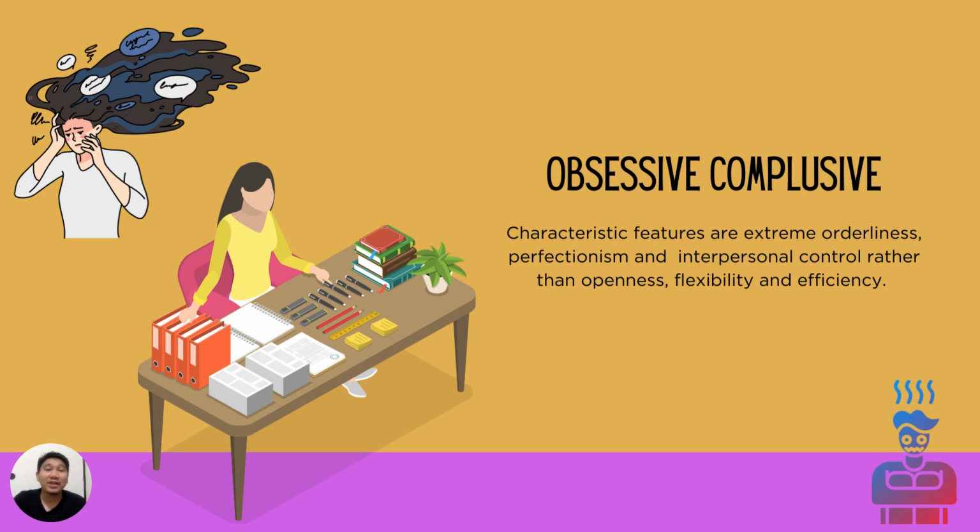OCPD does not have this behavior because people with these traits are so fixated with their work, morals, ethics, religious practice, and beliefs to the point they neglect other important things in life like hobbies and social connections.